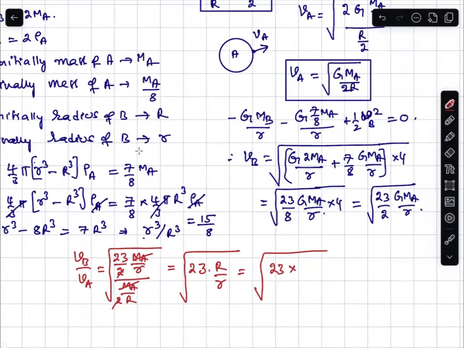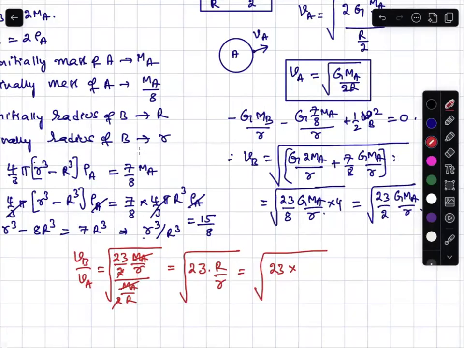VB square, the 2 is correct. You will get 4 here. So therefore, a 2 is remained here.